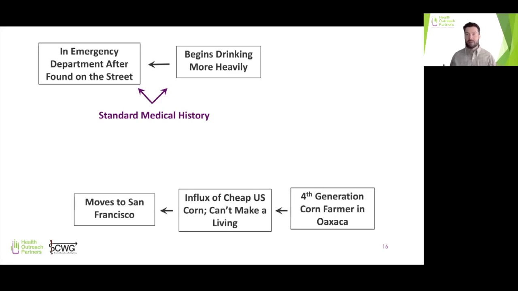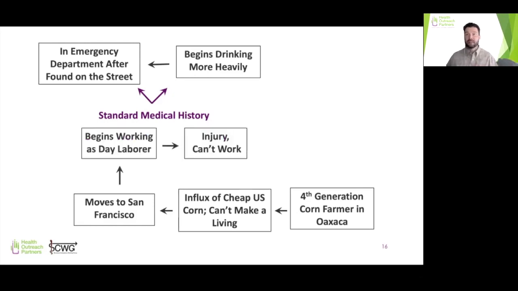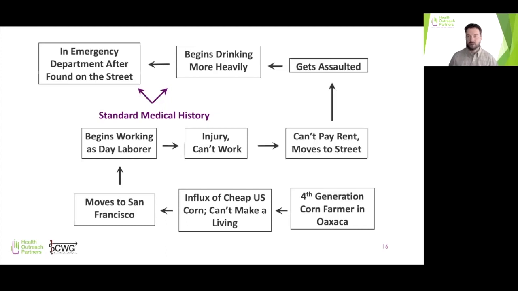We know that this patient was originally from the state of Oaxaca in Mexico and was a fourth-generation corn farmer. As cheap corn comes in from the US, he couldn't make a living as a farmer anymore and moved to San Francisco, where he had friends and family, and he begins working as a day laborer. He experiences an injury at work that prevents him from continuing to work.